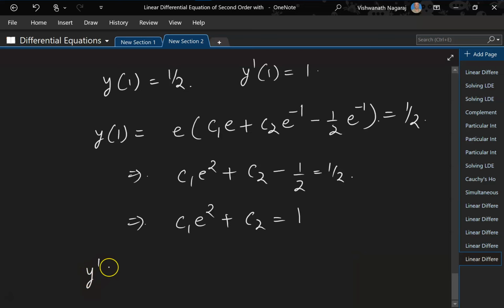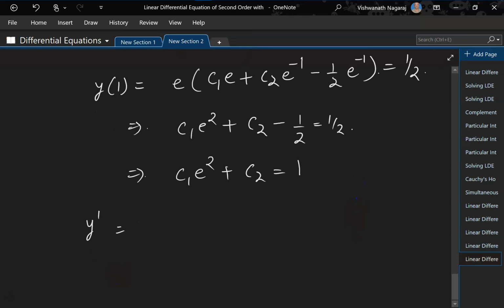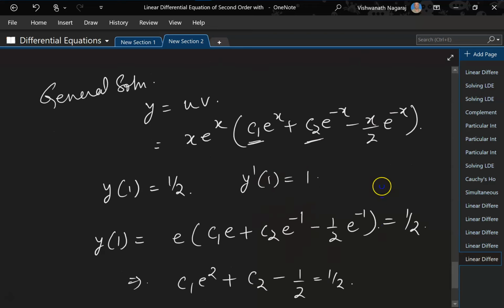Now the second one is y prime of 1. Before we can figure out y prime of 1, let's figure out y prime. y is x e to the power of x times (c1 e to the power of x plus c2 e to the power of minus x minus x by 2 e to the power of minus x).